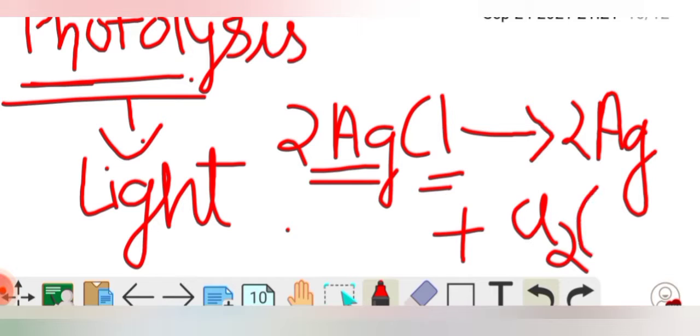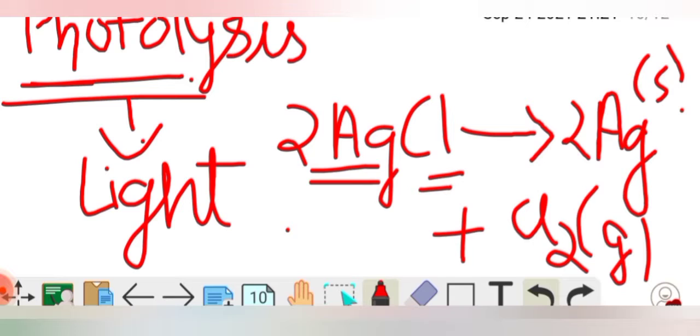Chlorine is a gas, so here you will write gas, and silver is in solid form, so you will write S. So when silver chloride is decomposed in the presence of sunlight, it forms silver and chlorine.